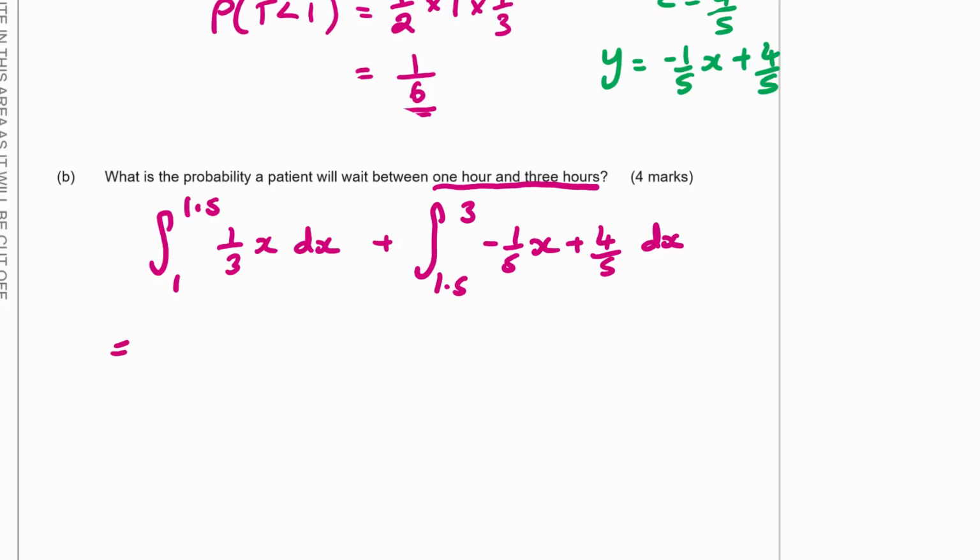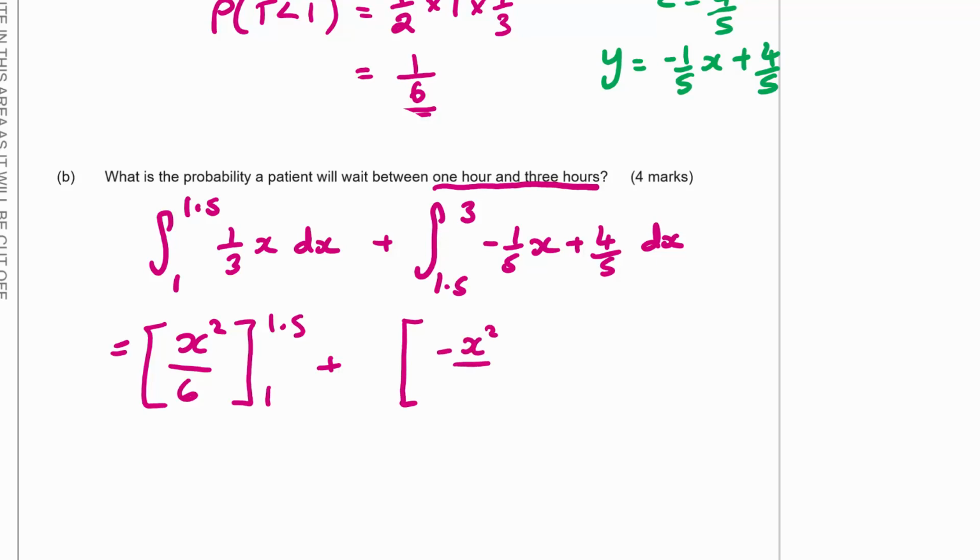So this one is going to be x squared over 6 from 1 to 1.5, and this one is going to be -x squared on 10 plus 4/5 x from 1.5 to 3.